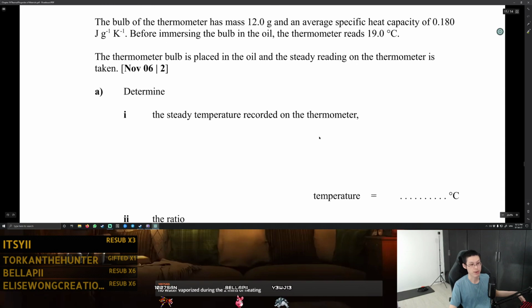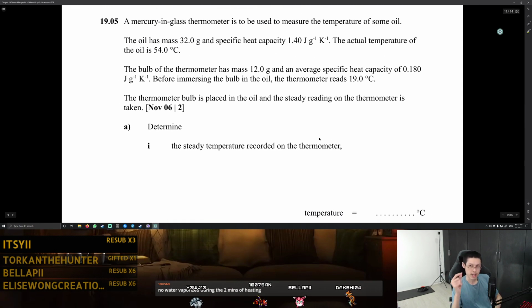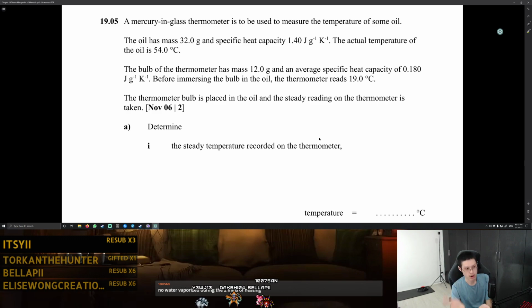Right, so this one again is like a mixture kind of question. So when you actually take the thermometer and you put it into a substance and then you measure the temperature of the substance, you're not actually measuring the actual temperature of the substance, because when you put your thermometer in a substance, some heat is going to be absorbed by the thermometer, which means your actual temperature of the substance is going to drop by a tiny amount.